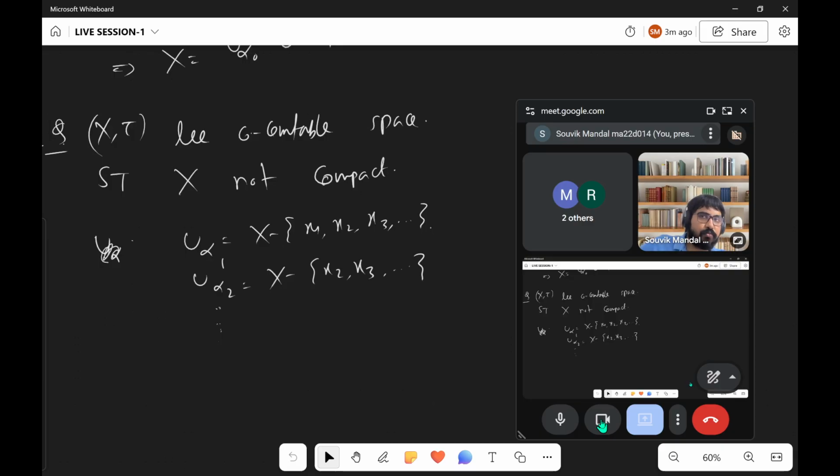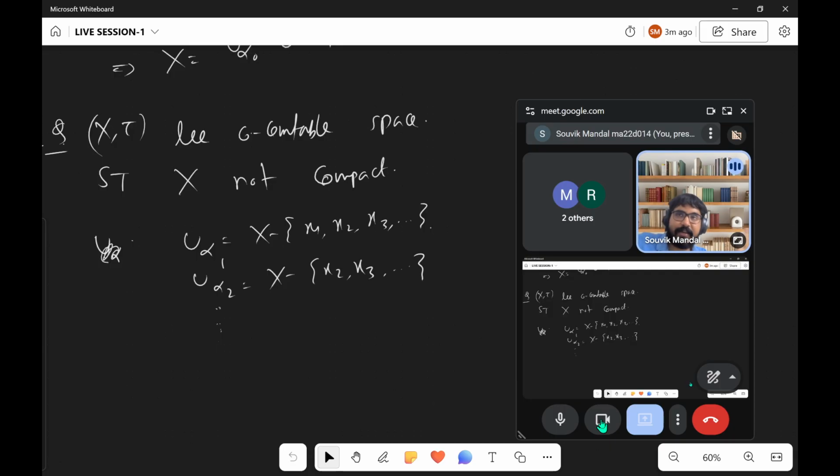But each U alpha is countable, right? Yes, each U alpha is countable. So why can we not have finitely many of them cover the whole of X? Because X can be infinite.